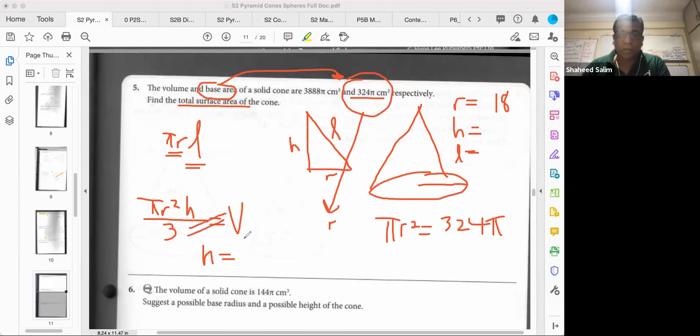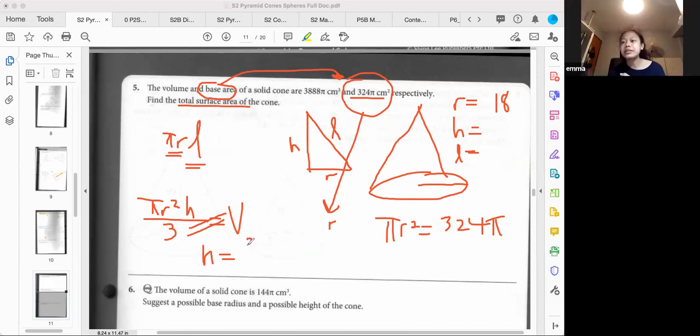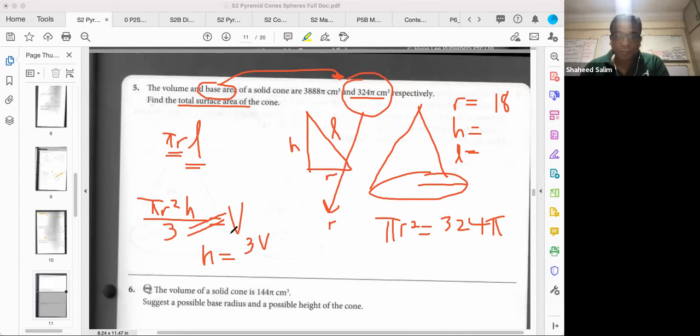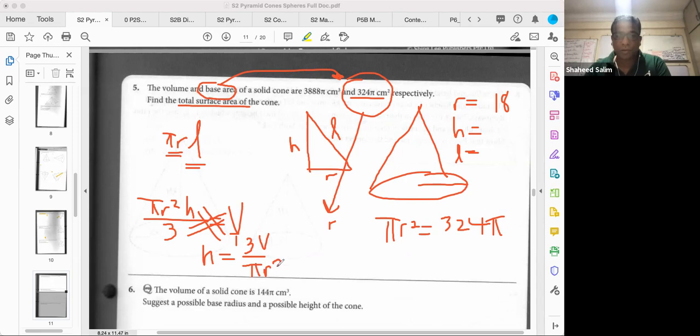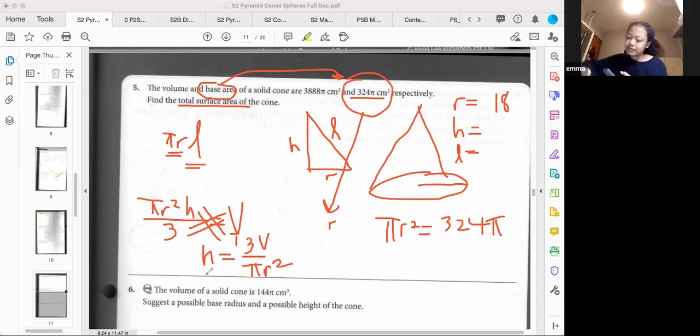So you push the 3 up, it becomes how many V? 3V, 3V. Okay, I know you're scared by seesaw method. That's okay. Now, below the V is actually 1, right? Now, I want you to push all of those that are not H below the slide. It's going to go down. So what do you have at the bottom? Pi R square H. No, don't push the H there. Pi R square. Leave the H here. Are you scared by this method?